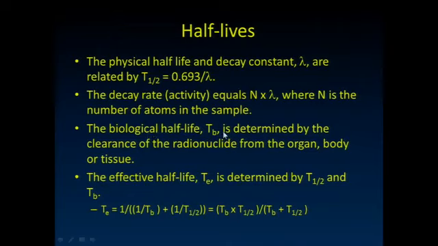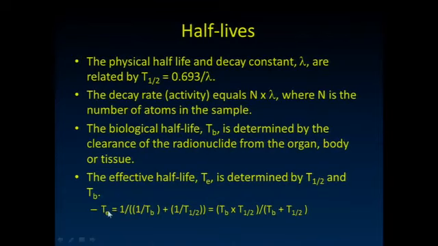All of these radiopharmaceuticals that we're going to deal with have a biologic half-life as well as their physical half-life, if we just watch them decay in a vial sitting on the counter. And so their true effective half-life is really determined by both the biologic half-life and their physical half-life. So how quickly do we eliminate it from our system in addition to how quick it's decaying?